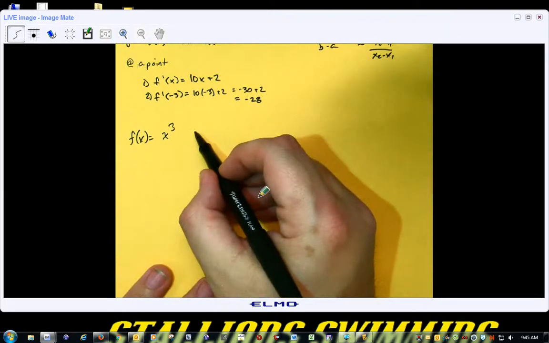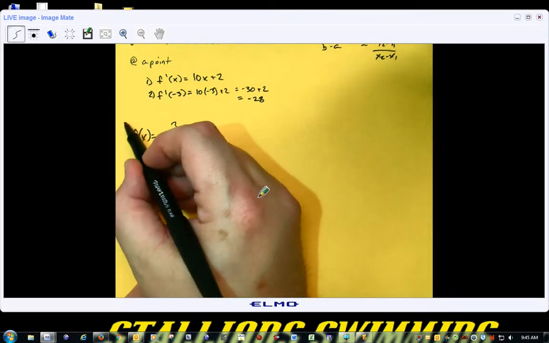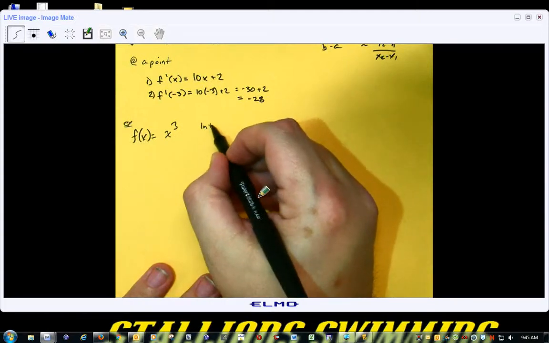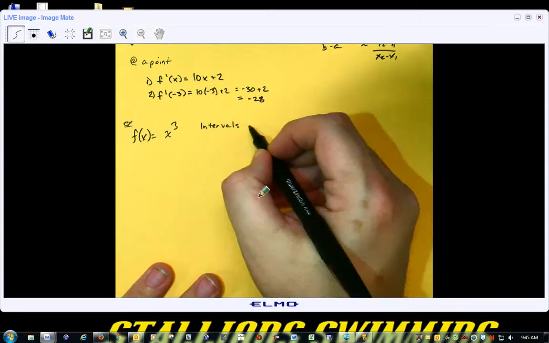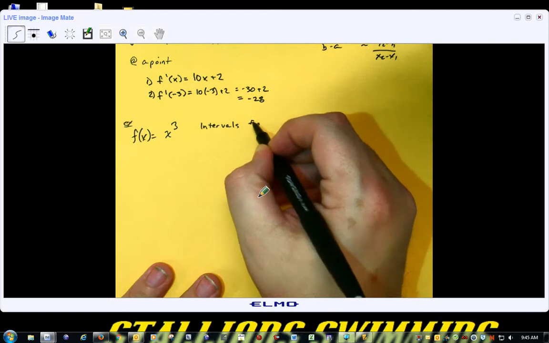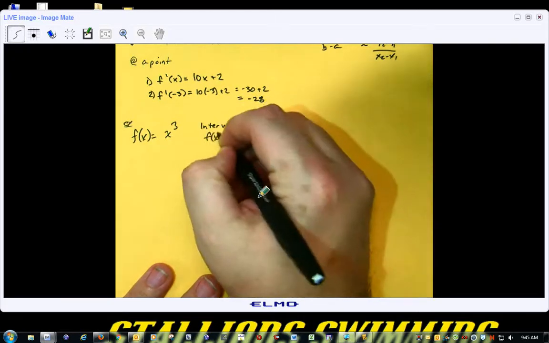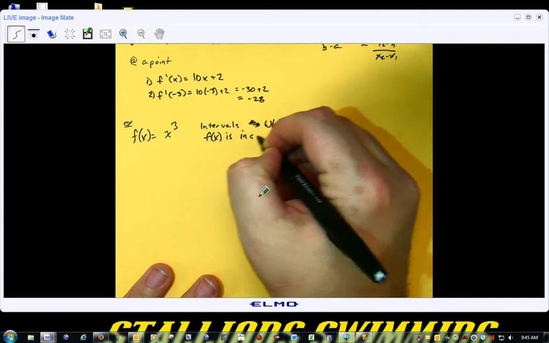So this one, let's do intervals where f of x is increasing or decreasing.